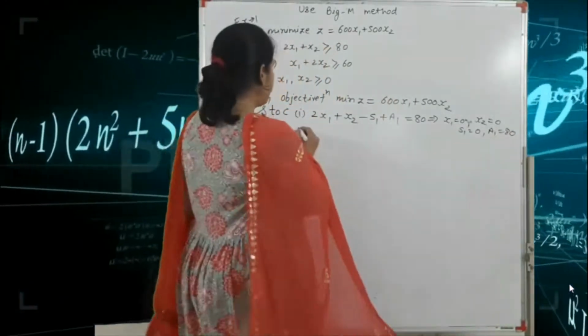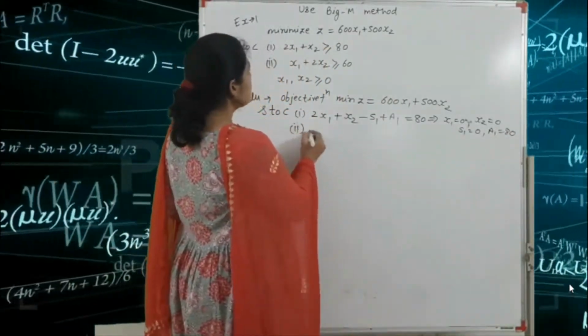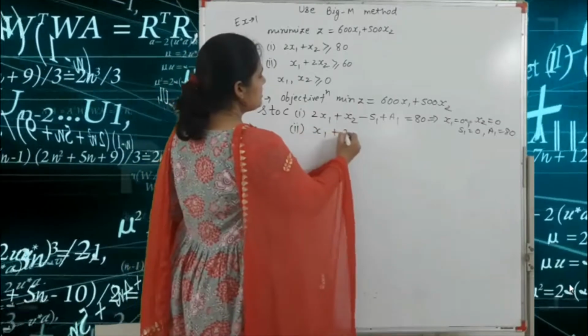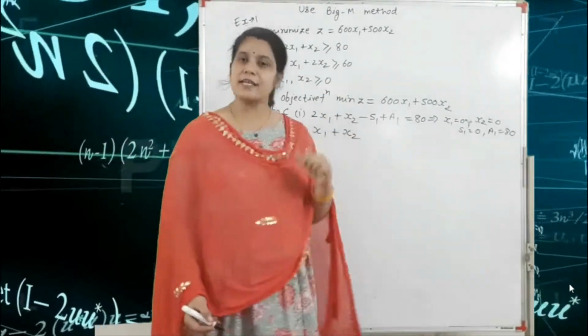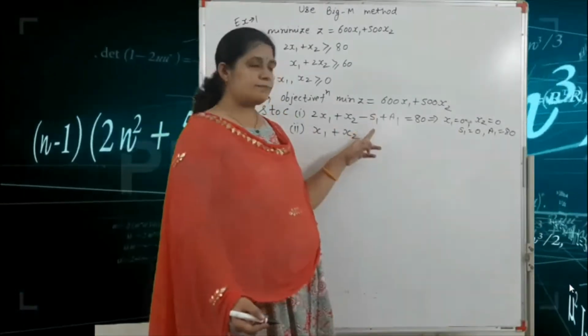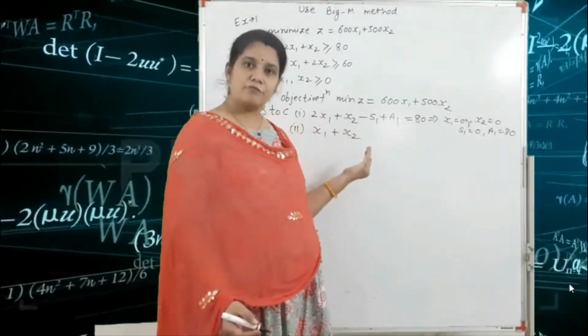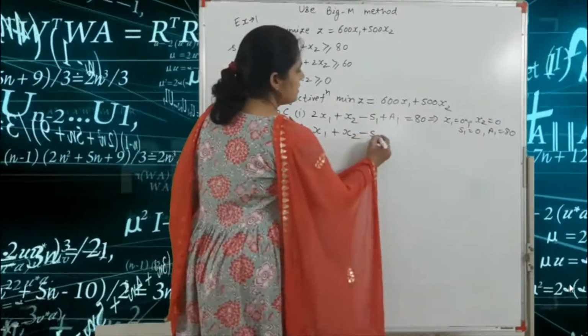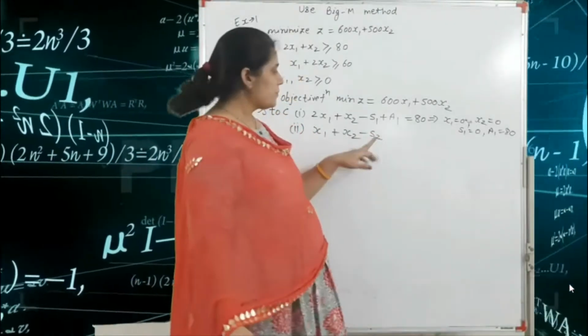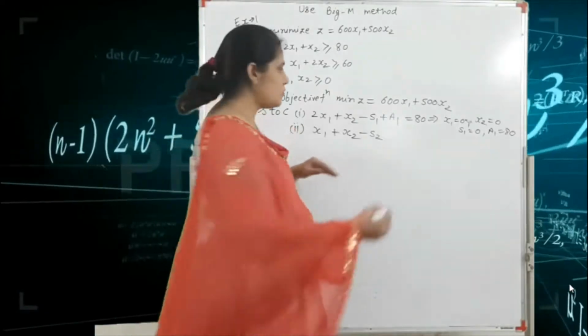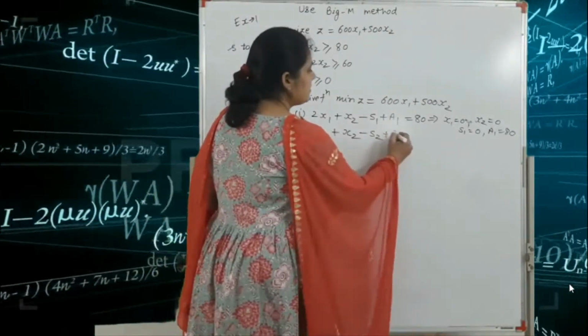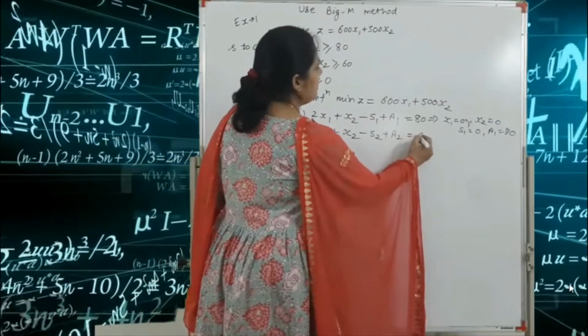Got it? The next equation is x1 + 2x2 ≥ 60. Again we use a surplus variable, but s1 we already used in the first equation, so we use s2 here. This is the surplus variable because we write minus s2. So we must write the next artificial variable a2.